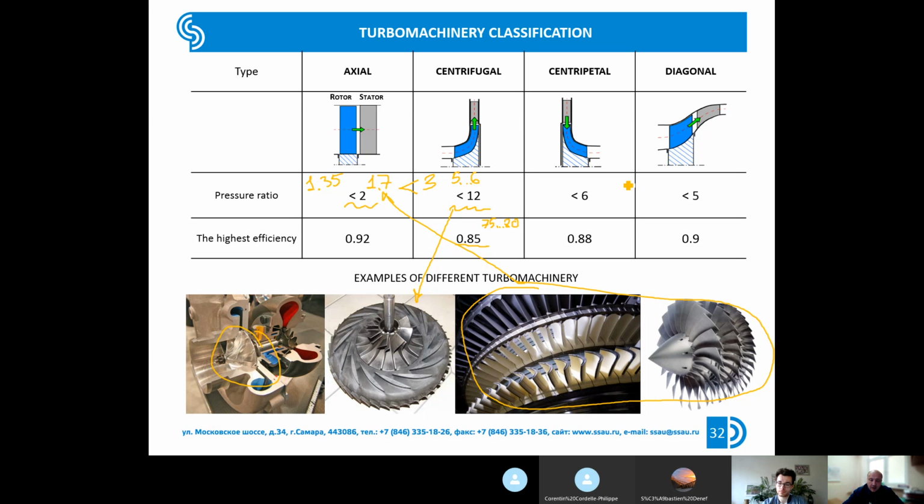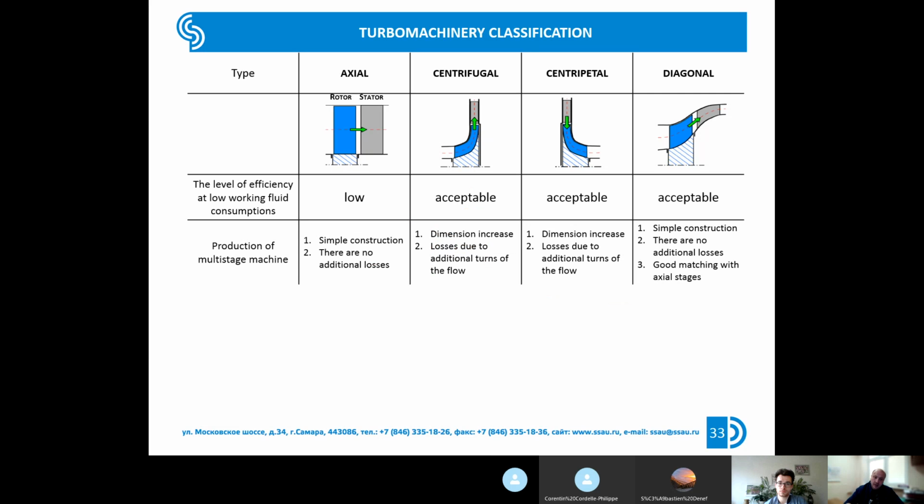And let's compare other characteristics of the turbomachinery stages. In any type of turbomachinery, if you are reducing the mass flow rate, for example, you are designing a stage for a small gas turbine engine, and you do not need big power and that's why you are reducing the mass flow rate.